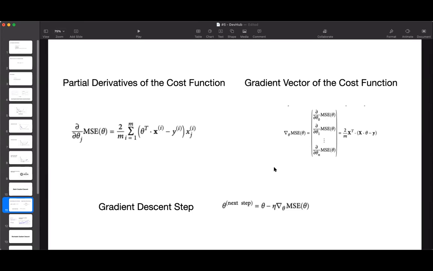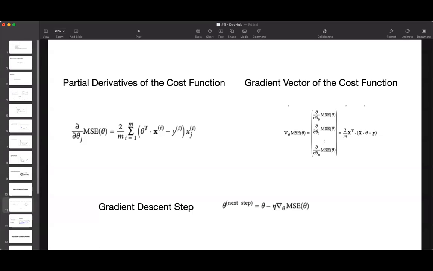So not going too deep, we'll see another thing, which is the gradient descent step. The thing I was saying previously, how we decide how much distance we will travel on each step. To decide that step, there is an equation: theta minus eta into this gradient vector of the cost function. So what do these things mean here?